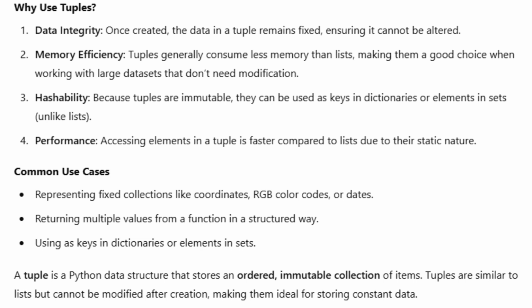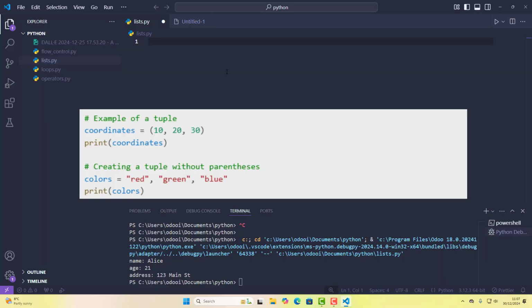So how can we create a tuple? Variable coordinates, and this will be in small brackets: 10, 20, 30. This is how we can create a tuple.